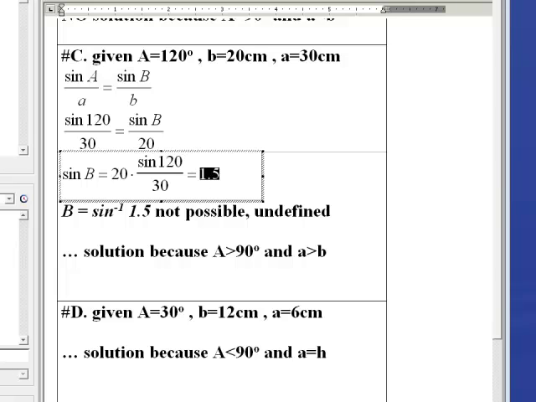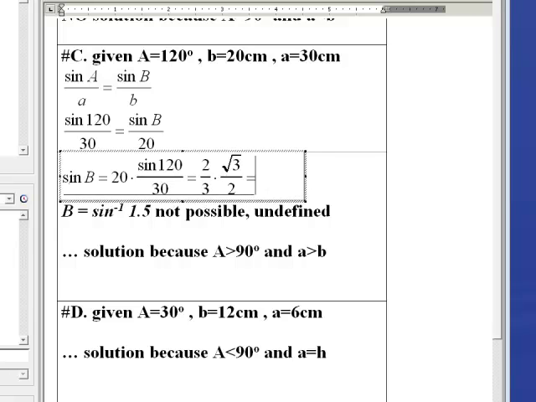So I'm going to write here 2/3 times the square root of 3 over 2. The 2's of course cancel. Square root of 3 over 3 is 1 divided by the square root of 3. Or I just leave it as the square root of 3 over 3.